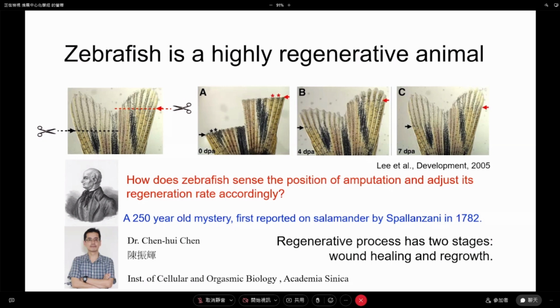We started to look at this process because in regeneration there are 2 stages. The first stage is wound healing. The second stage is regrowth. And since the amputation happens in the first stage, any information here is transmitted to the next stage.